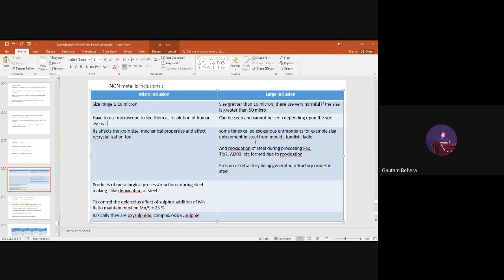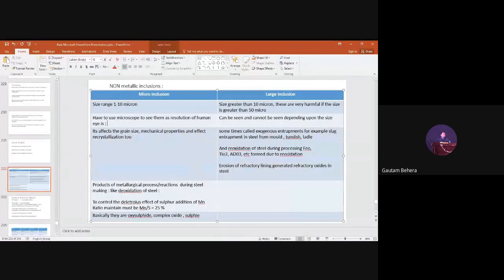These large inclusions are also called exogenous entrapments. They get entrapped in the liquid state during the casting process, basically. They can come from the molds, from the tundish, or from the ladles. So, entrapment of slag: this slag is nothing but an inclusion if it gets entrapped in the liquid state.